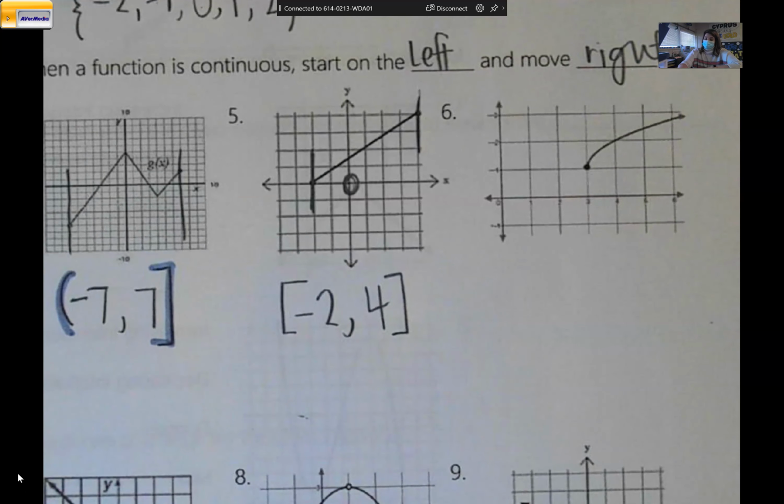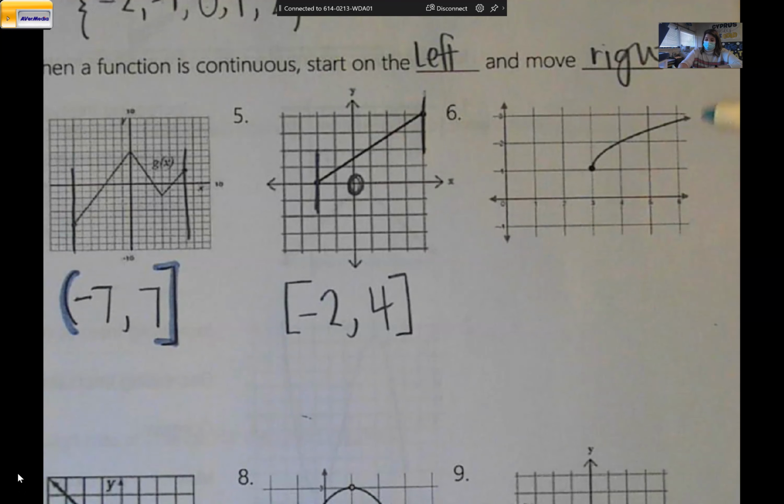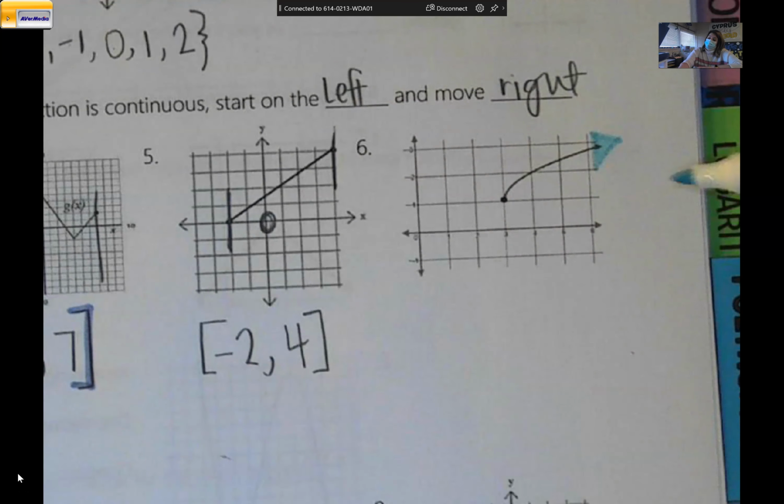Okay, this guy's different. What's different about this guy? It's what? That's okay. What else is different about him? Can you guys see that?